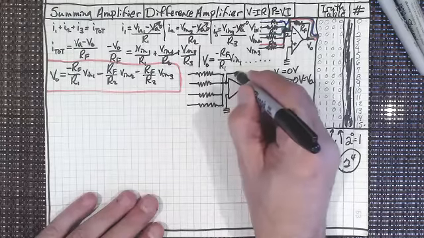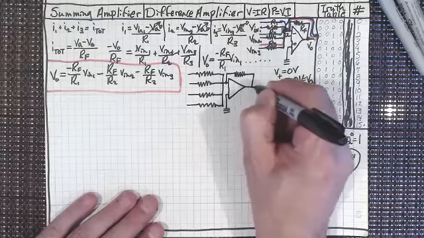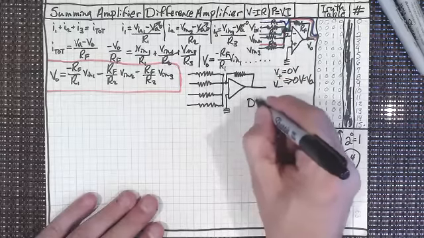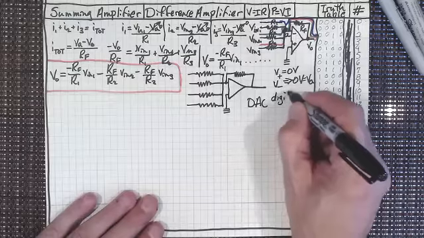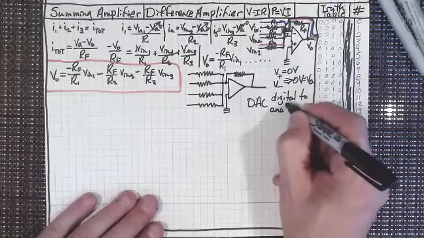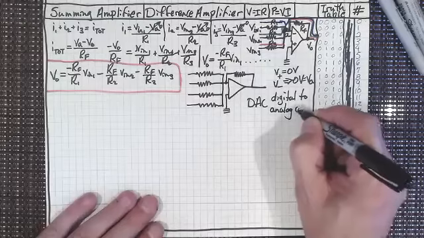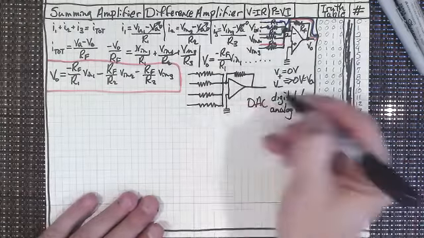So this is the 4-bit digital to analog converter. You've probably heard of a DAC. DAC stands for digital to analog converter, and that's what this is right here.